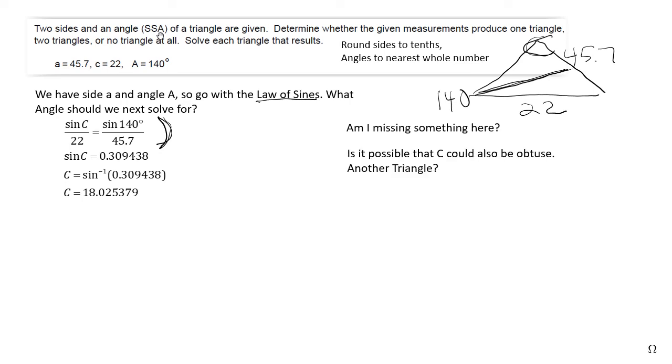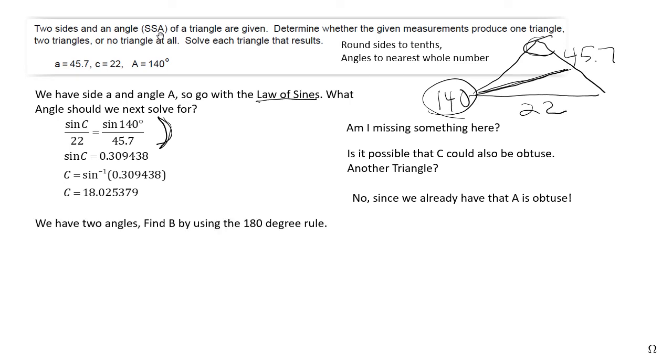Is it possible that C could also be obtuse, meaning another triangle? No. Angle A is already obtuse, meaning angle A is the only angle that can be obtuse, so C cannot be obtuse. So this is the only possible angle C could take on.